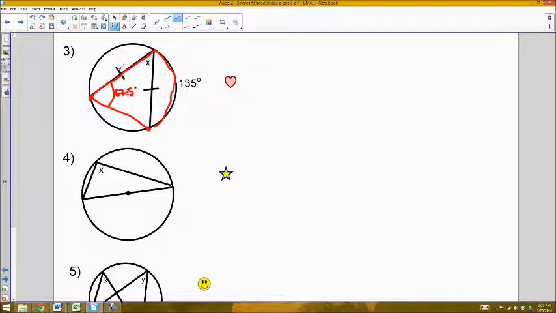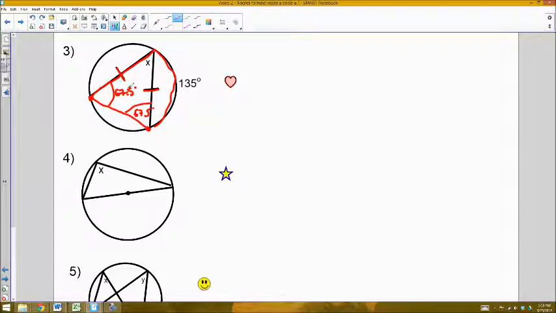Now, because this is an isosceles triangle, because these two chords are congruent, it means that these two base angles will be congruent to each other, and that this angle will also be 67.5 degrees.